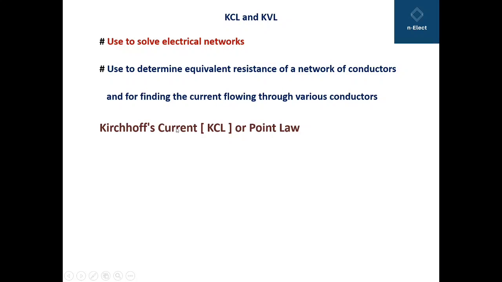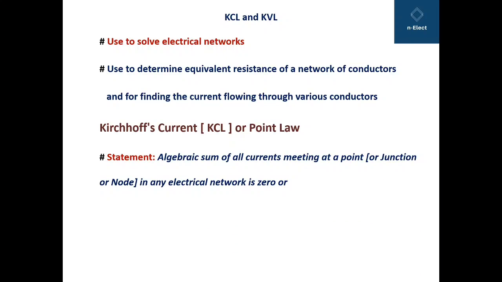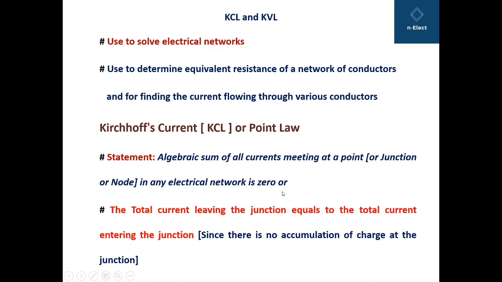Kirchhoff's current law, that is KCL, is also called point law. The statement of Kirchhoff's current law is: the algebraic sum of all currents meeting at a point or junction or node in any electrical network is 0, or the total current leaving the junction equals the total current entering the junction.